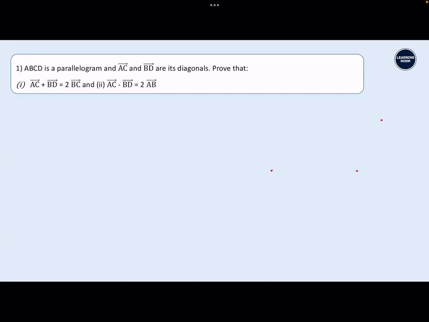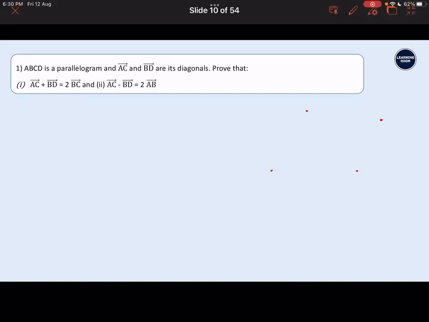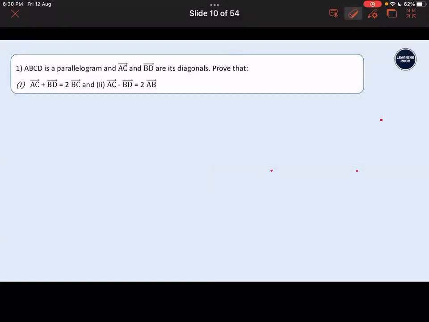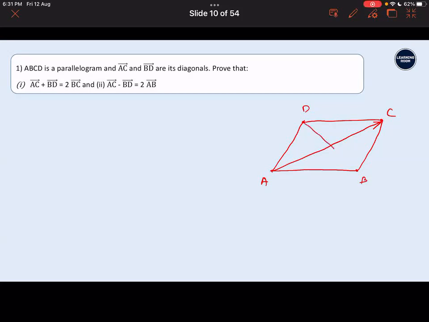ABCD is a parallelogram, and AC vector and BD vector are its diagonals.